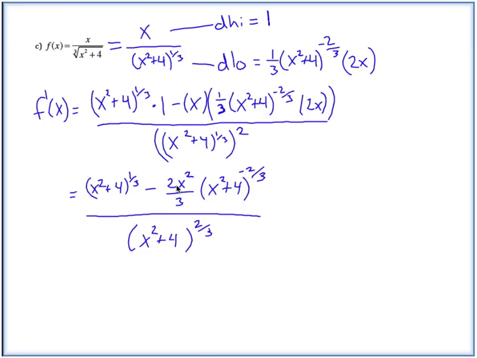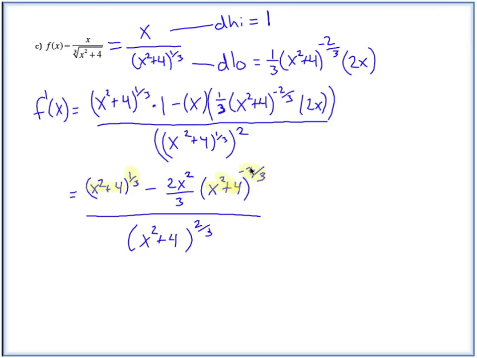Now, here is the big deal. When you are confronted with this, hopefully again, you can see the x squared plus 4, and hopefully you can see that these are both fractional powers. And we don't really like that. It's not very helpful. And so what we want to try to do is get one of these to equal 1.